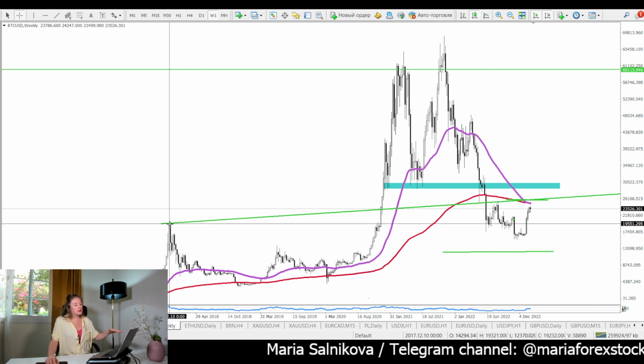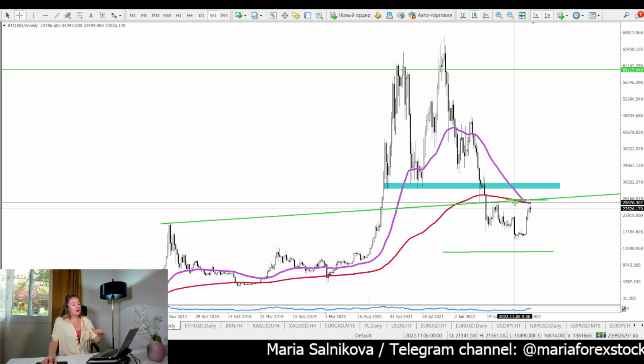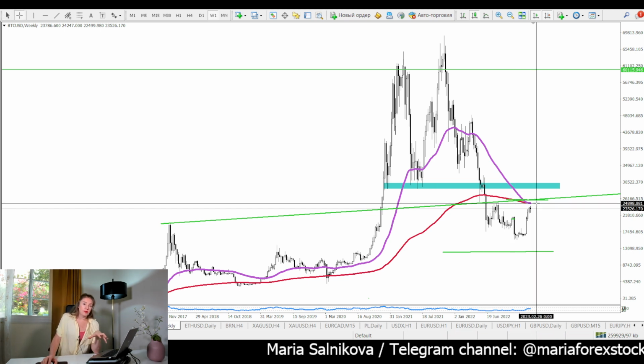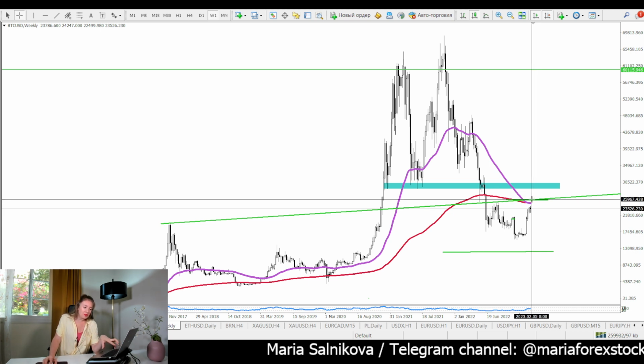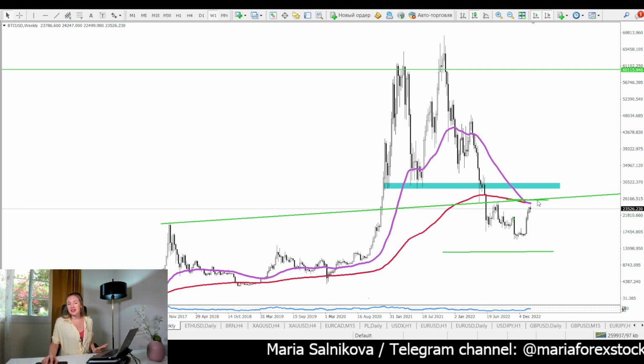Because I take this as a resistance. This is the technical level for the close future. The close future shows me that level 25,900, which is around 26,000, is a resistance for me. And we just found it with a Fibonacci extension on the monthly chart.